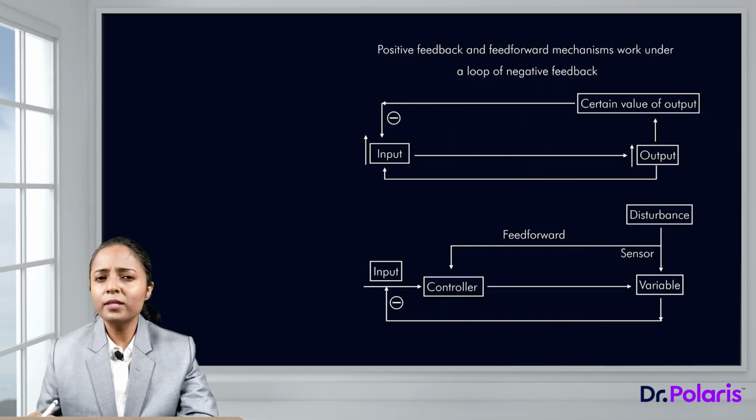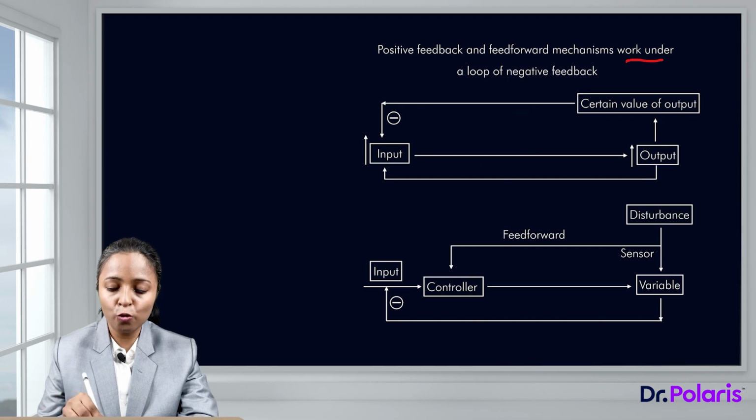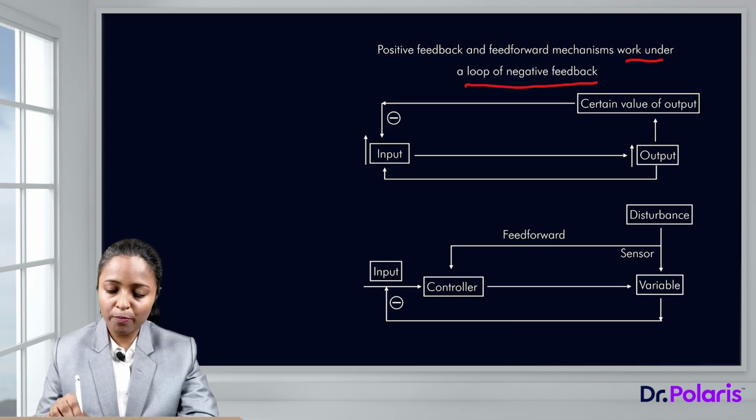Now, in positive feedback, we said that if positive feedback doesn't stop, then it is going to be disastrous. Similarly, for the changes which the feed-forward control is making, we don't know whether those changes are adequate or not. Are they making the changes in the variable in the right direction or the wrong direction? So it is important that the value of the variable is always sensed. That is the reason that positive feedback and feed-forward mechanisms work under a loop of negative feedback. Here suppose it is shown a positive feedback.